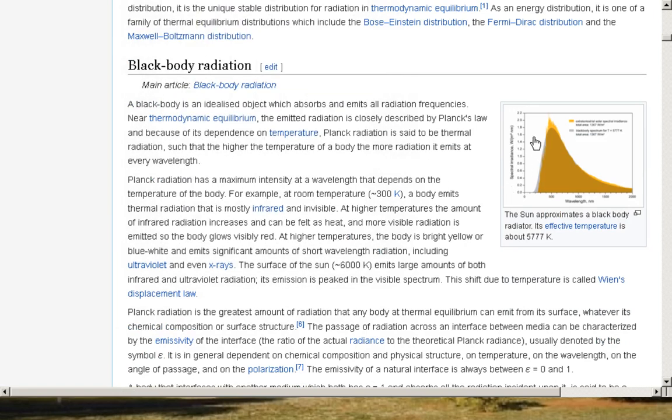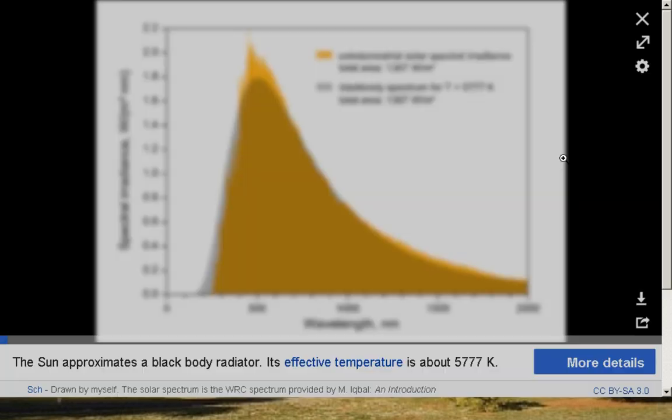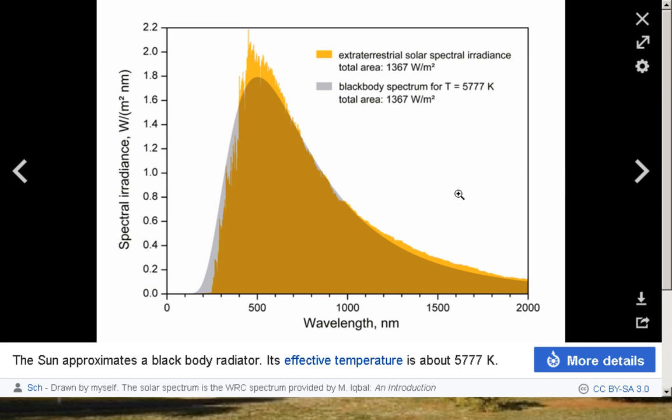Now you see this curve is not a normal distribution. It's not a normal distribution. So extraterrestrial solar spectral irradiance, black body spectrum for T equals such.